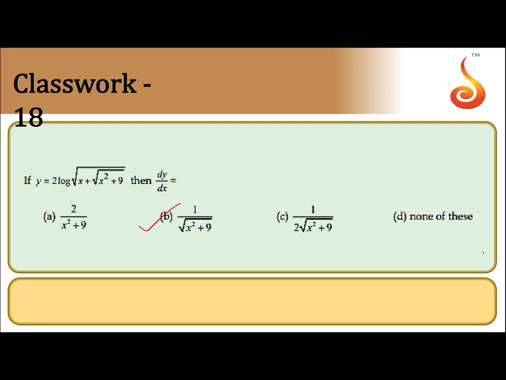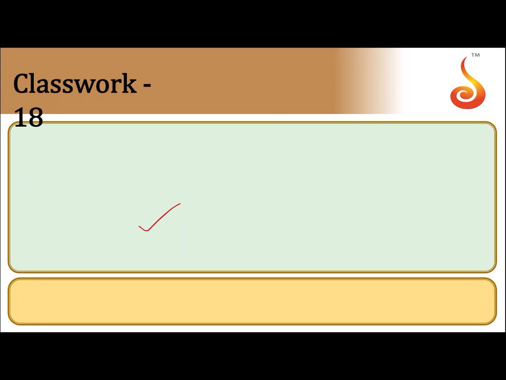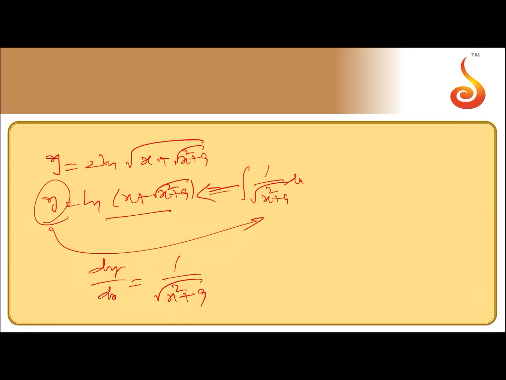You could also remember the integration formula. The answers will be easy if you are confident about integrals. Otherwise, you can directly do the derivatives here. Now, the simple derivative of this one. So y dash equals 1 divided by x plus root over x square plus 9, multiplied by the derivative of x plus root of x square plus 9, which is 1 plus 2x divided by 2 root of x square plus 9.